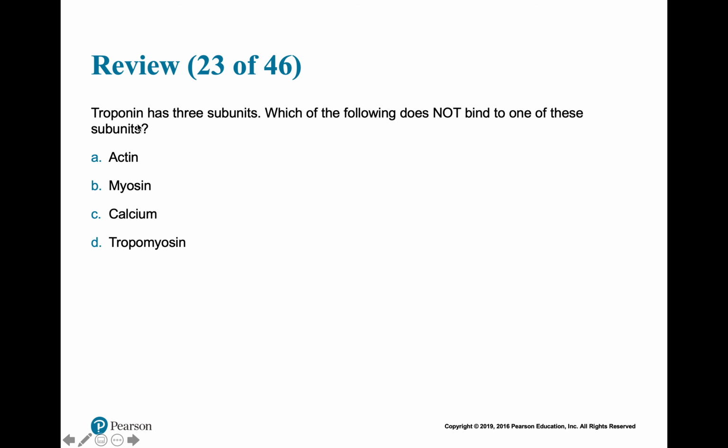So troponin is going to bind to actin, it's going to bind calcium, and it's going to bind tropomyosin. So myosin here is incorrect. It's tropomyosin that it binds, which is one of the regulatory proteins. So troponin's 3 subunits: there's a subunit that binds actin, a subunit that binds calcium, and a subunit that binds tropomyosin.